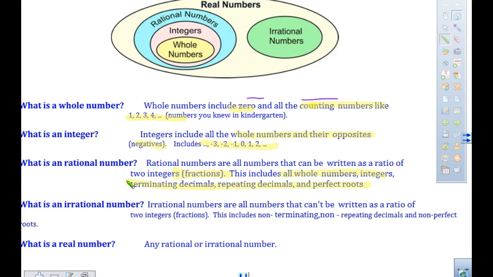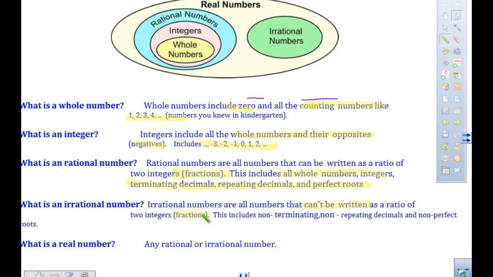Irrational numbers are all numbers that can't be written as a ratio of two integers. This includes non-terminating, non-repeating decimals, and non-perfect equations. So, what might I write down if I'm writing that? I might just go with, you know what? It's not a fraction, right?